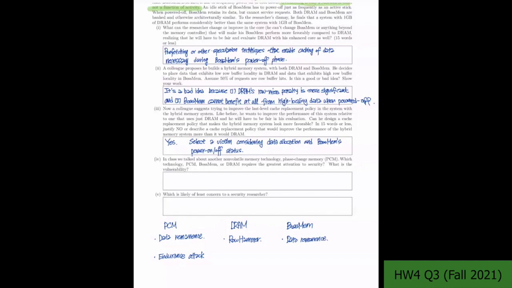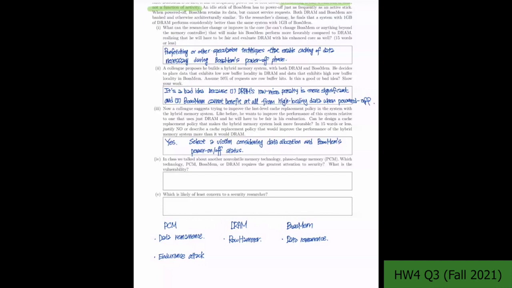So according to this analysis, I think we can say that PCM is more vulnerable compared to BossMem. That is the only thing we can say.